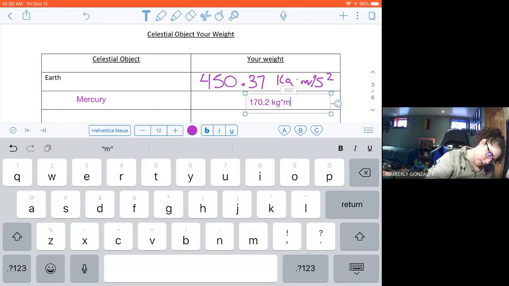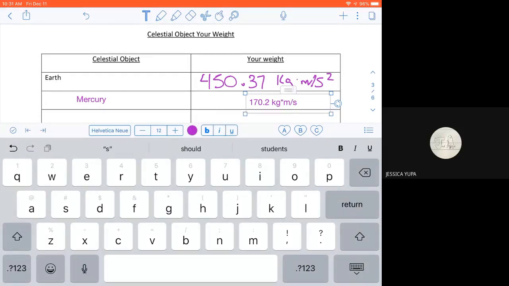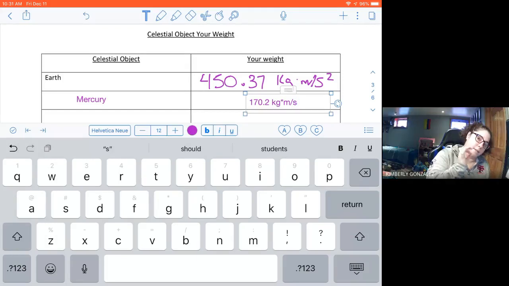Do we have to type it? Yes, it's a chart, so of course you have to type it. The only thing you can write are the calculations. Is there a dot between kg and m/s? Yep, it's a multiplication symbol.